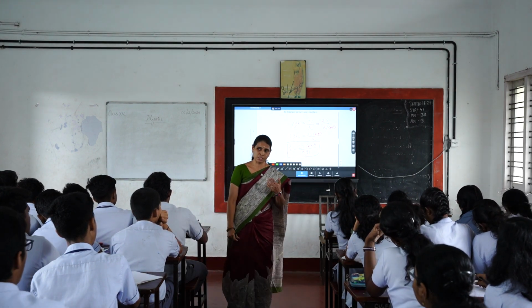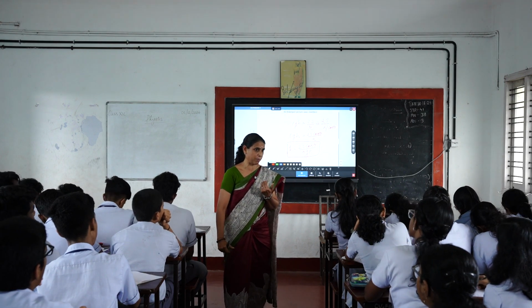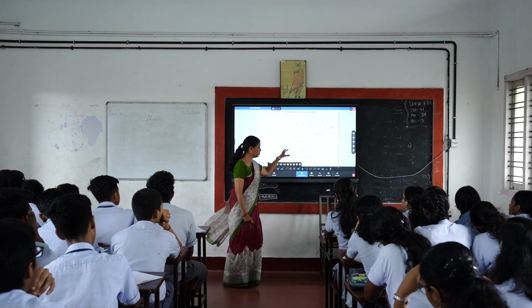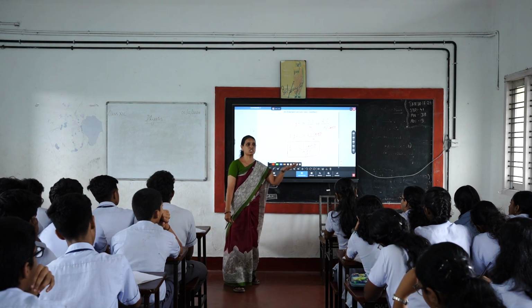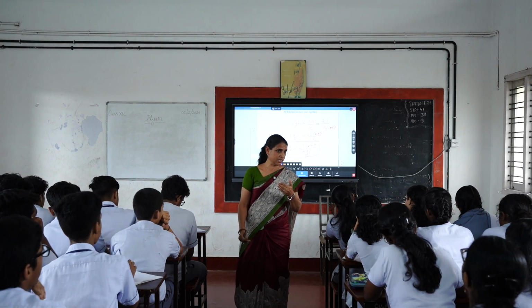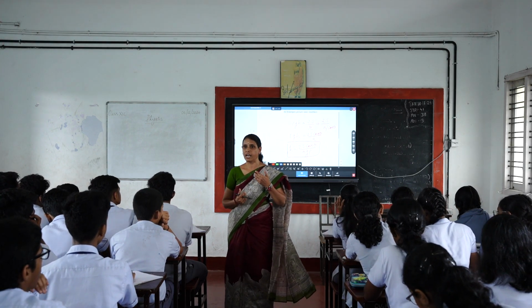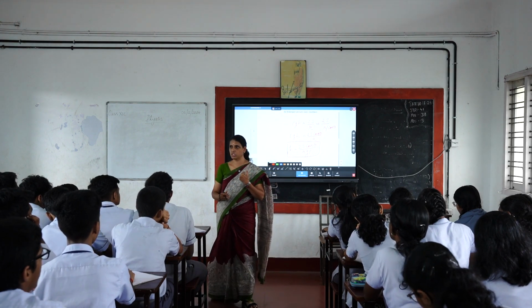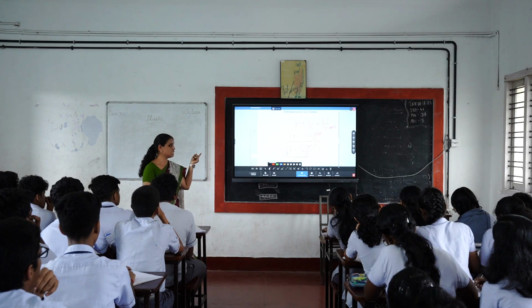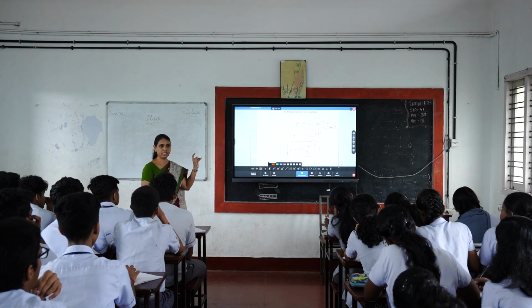Now if capillary depression is happening, then when we do the calculation we will get a negative value. That is the difference. If it is positive, we can understand that there is a capillary rise, and if it is depression, then that value will be negative. So this is the equation for the capillary height.